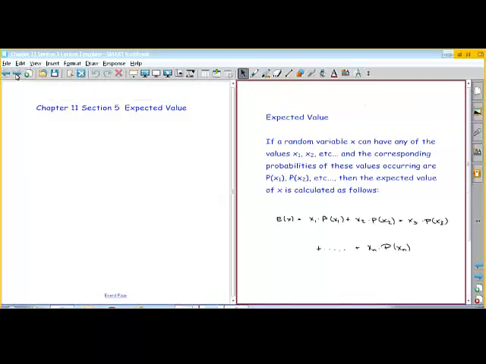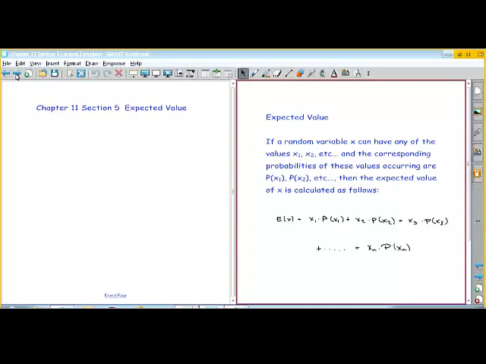It says if a random variable x can have any of the values x sub 1, x sub 2, etc., so there are fixed values that this variable can have, and the corresponding probabilities of these values occurring are p of x1, p of x2, etc. Then the expected value is calculated as follows. It is the value of the variable times the probability of getting that value, plus another value multiplied by the probability of getting that other value.